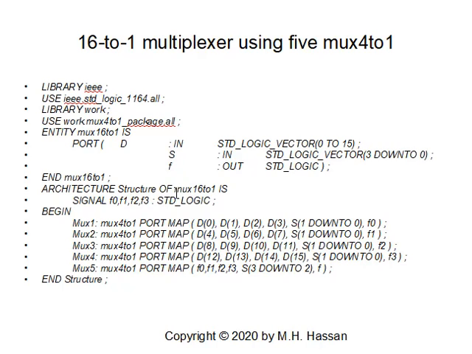Architecture structure of MUX16:1, I will define signals. These are the outputs F0, F1, F2, F3 of the first 4 multiplexers. Those outputs will then be fed to the last multiplexer, where we pick the corresponding signal.